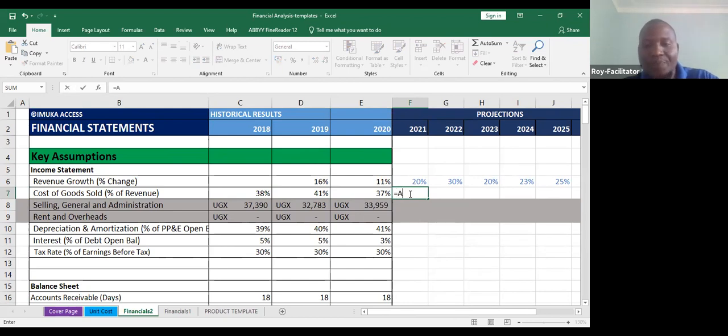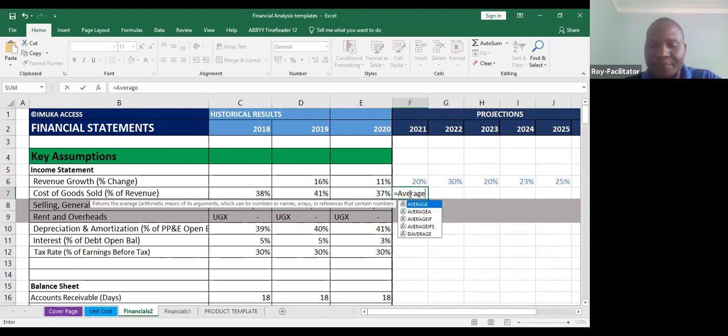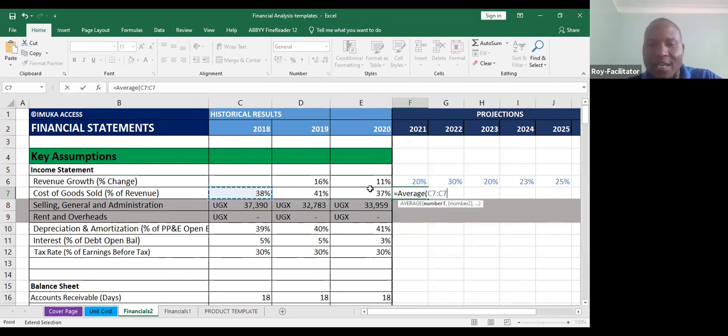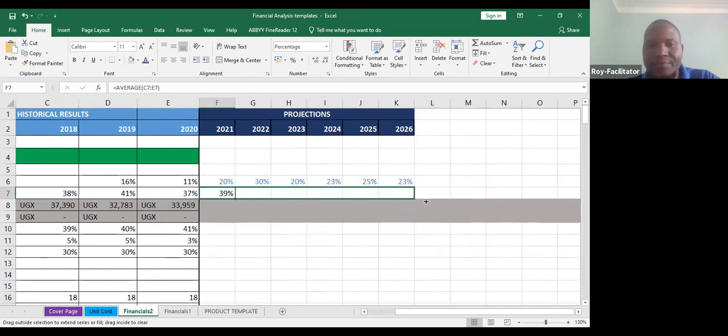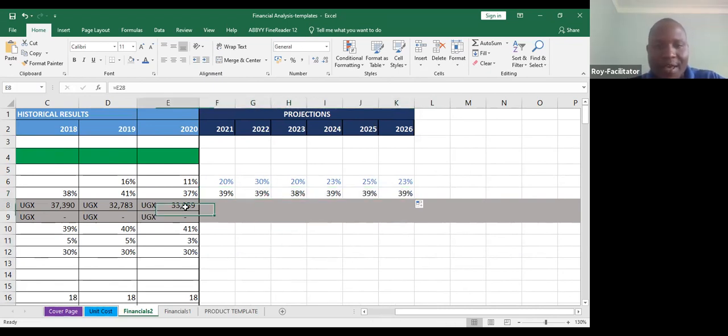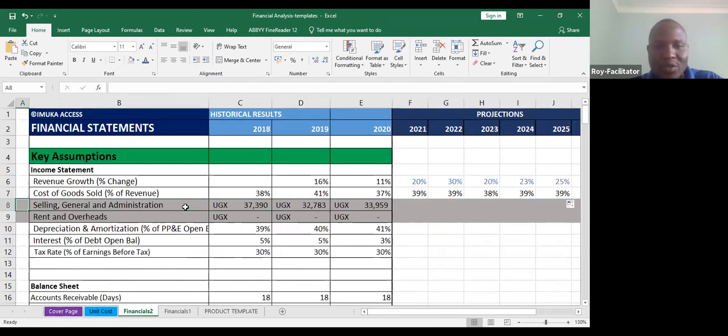So here I'll just do the average. As I said, the first and most significant thing is the sales or revenue. Once you do that, the rest just flows systematically. Okay, I've finished on the cost of goods sold assumptions.